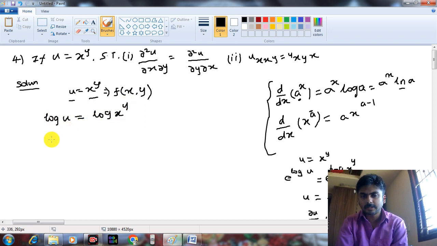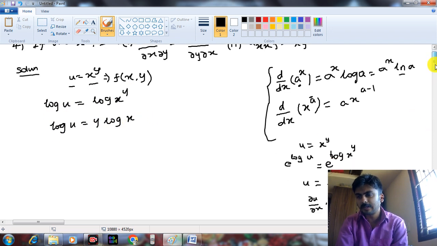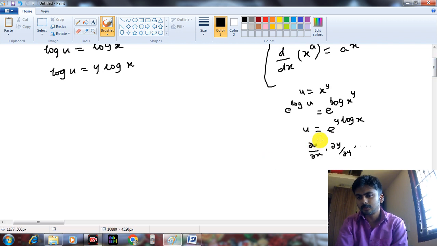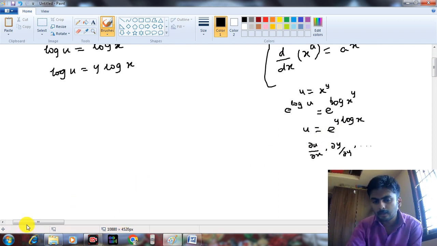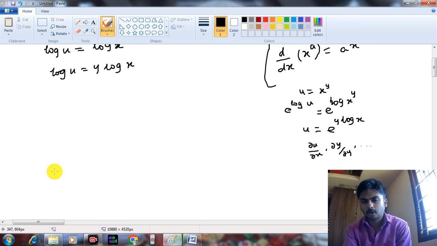So in the next step we will have log u equal to y log x. So this can be obtained after this step also. So taking log on both sides, both log and u will be cancelled. So we get y log x.